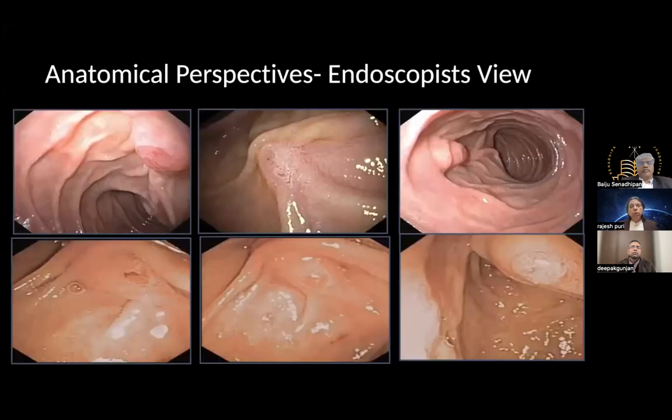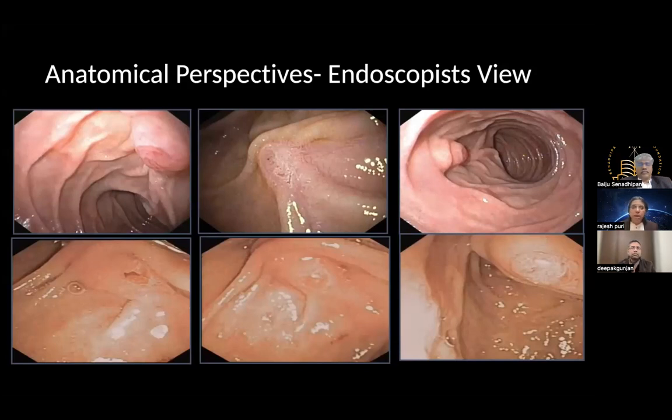Now, the most important thing, God has not given the papilla always in one form. There are different types of papilla. There are different positions of the papilla. And sometimes because of acute pancreatitis or chronic pancreatitis, the papilla may be present in a different form or in a different situation.